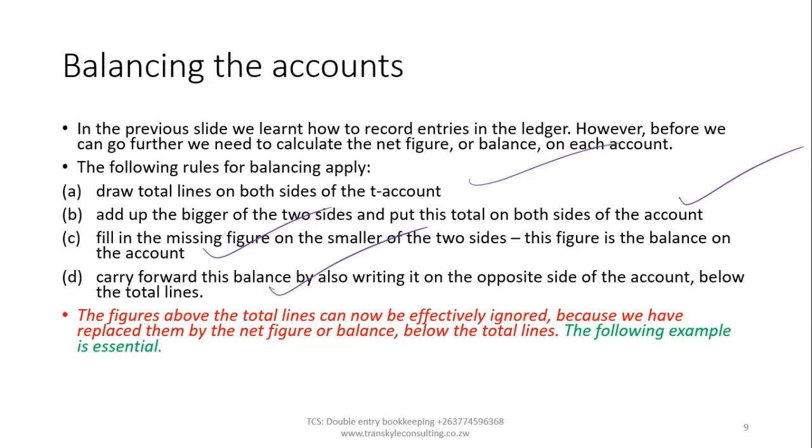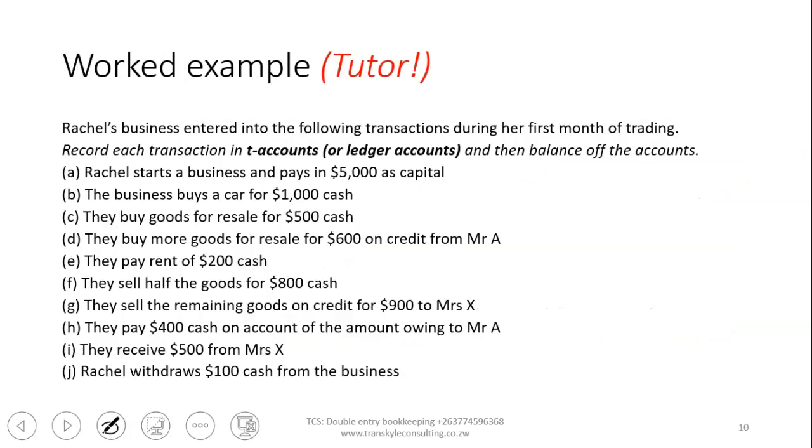The following example is essential. So let us go through this example to understand what we are referring to. So Rachel's business entered into the following transactions during the first month of trading. Record each transaction in T accounts or ledger accounts and then balance off the accounts. So we are told that Rachel starts a business and pays in $5,000 as capital.